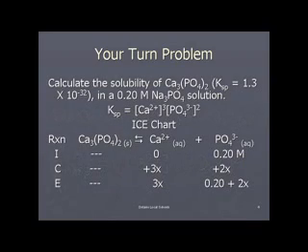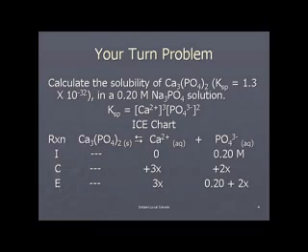We then look at setting up our ice chart. So our reaction is written, and then the initial, the change, and the equilibrium concentrations. We know for every amount of calcium phosphate that dissolves, for every amount x, we would get 3x of the calcium ion and 2x of the phosphate ion. Our initial calcium ion concentration is 0.